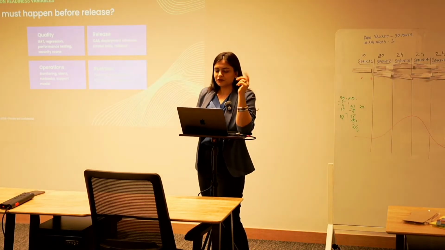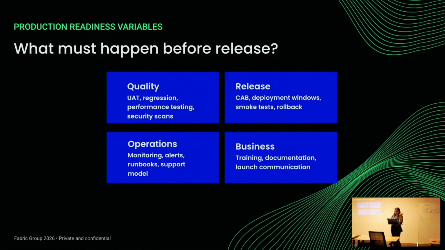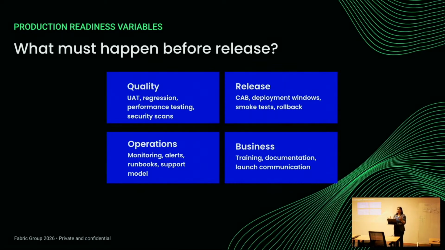So yeah, I think that's one aspect. The other one is operations. Nobody really talks about this, right? But given that we are releasing an application in production, what could potentially go wrong? If something goes wrong, how do we know that it's gone wrong?